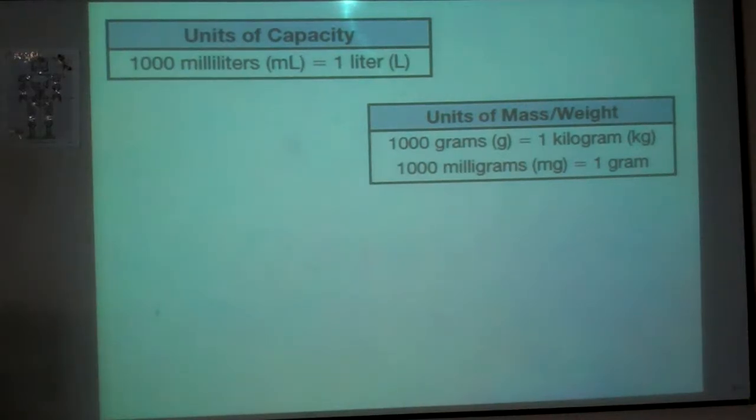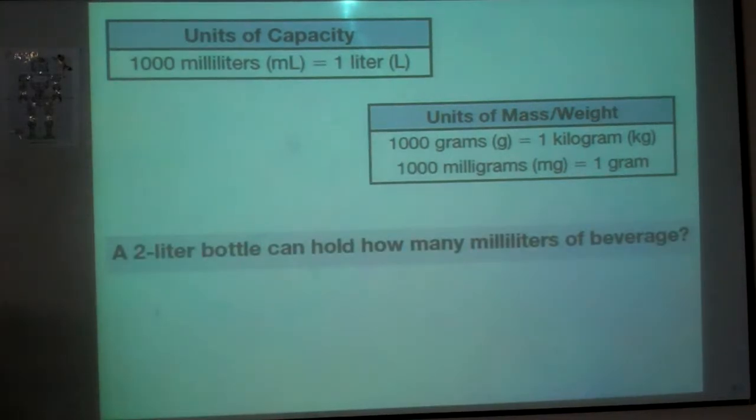And same goes for our units of mass or weight. They just give us a couple. 1,000 grams is 1 kilogram. 1,000 milligrams is 1 gram. Alright. So if we look at this here, these could also go on the chart too. You could have a decagram, a decigram, a hectogram, that type of thing. It just matters on what you're talking about, length, capacity, or weight or mass.